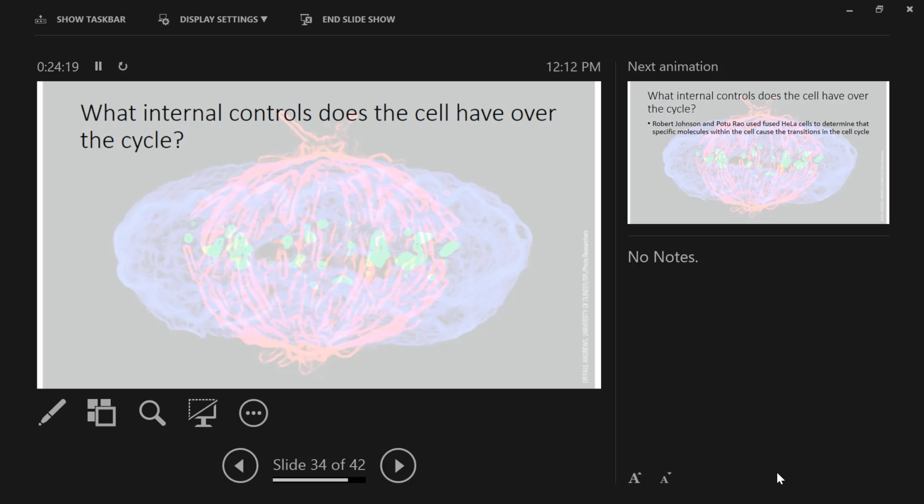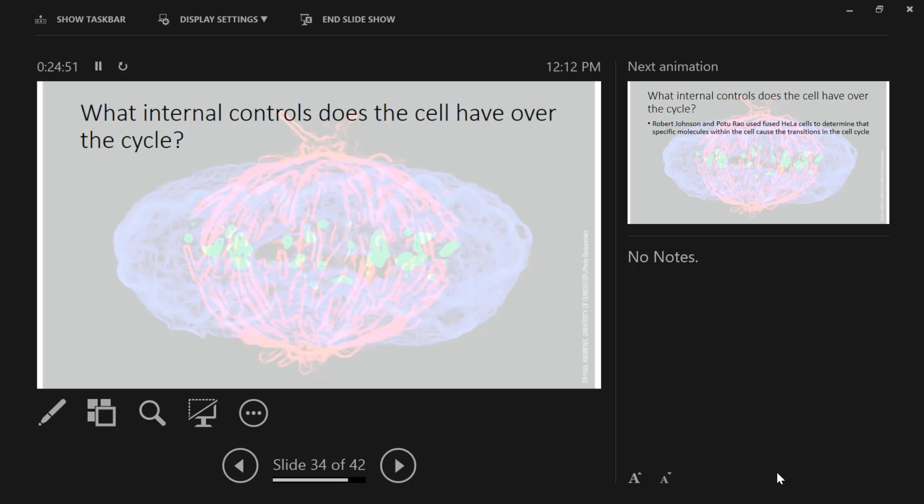So this gives the cell some control to ensure that everything is done correctly. That when the DNA is duplicated, it's duplicated correctly. And if it isn't, to go and fix it before it moves through the cell cycle. So this gives the cell a layer of control to ensure that everything is done correctly, so that when it goes through mitosis and cytokinesis, it accomplishes making cells that are identical to itself.